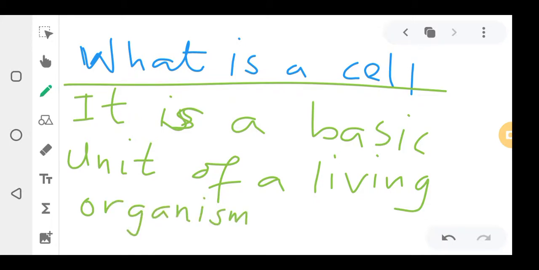Okay? So a cell is a basic unit of a living organism.